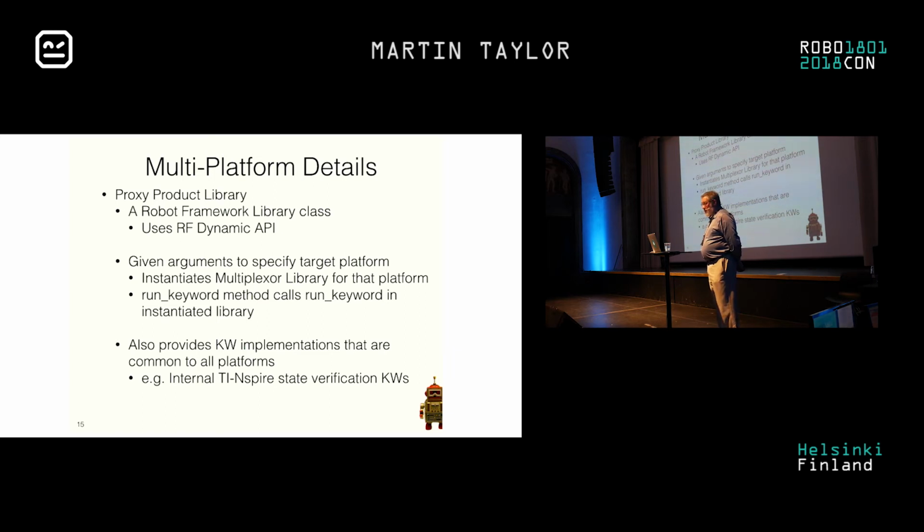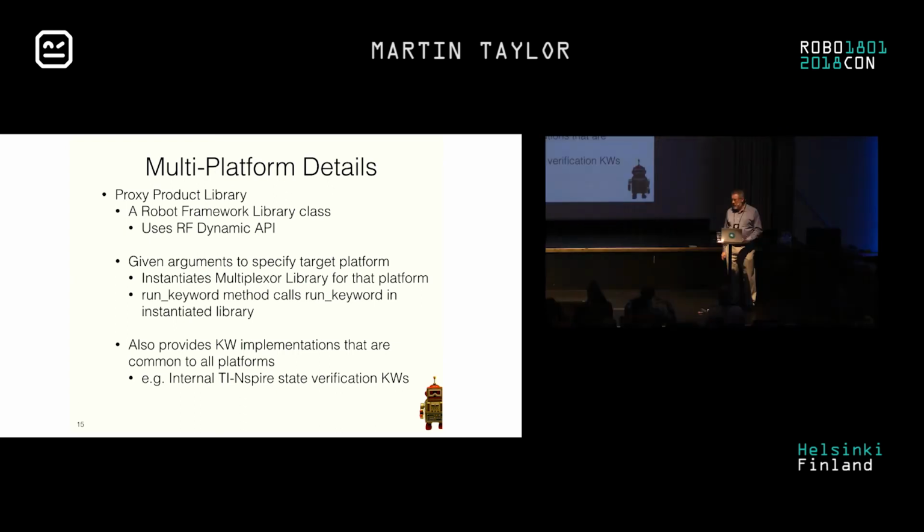So the proxy product library was extremely thin. All it knew was how to deal with configuration, selection, and passing on of parameters so that you could start any one of those three platforms from the same library and reflect back up to Robot Framework through the dynamic API. And that was really important.